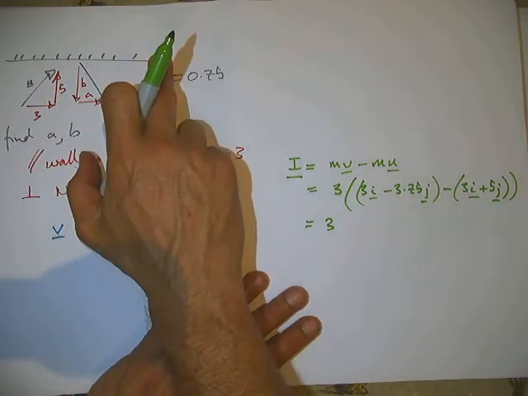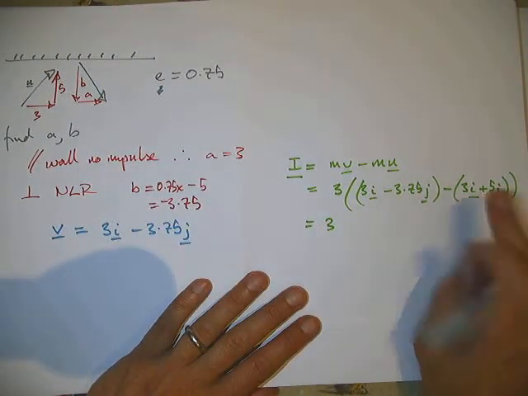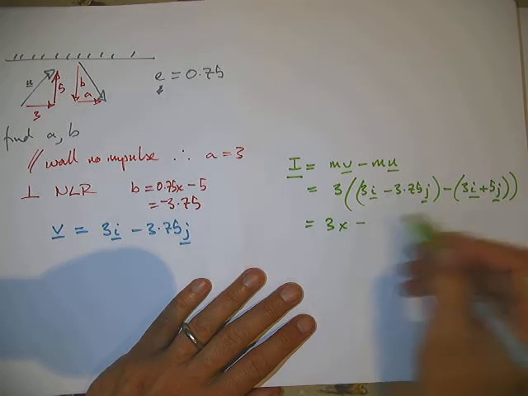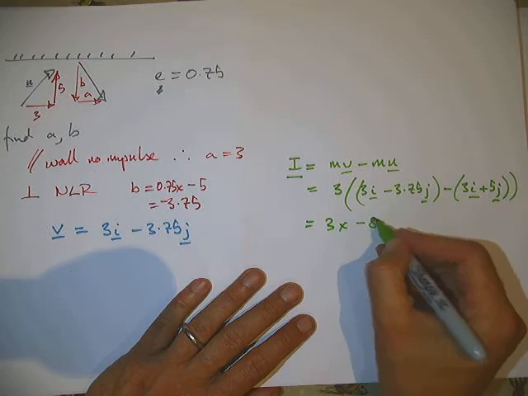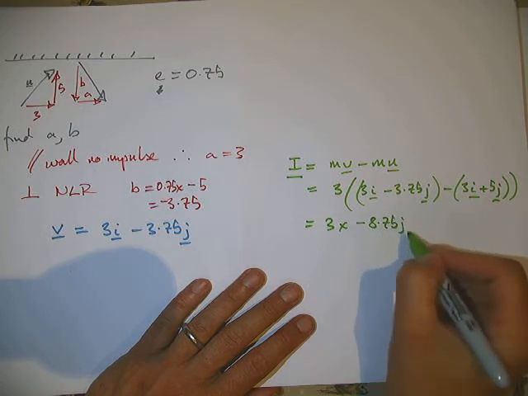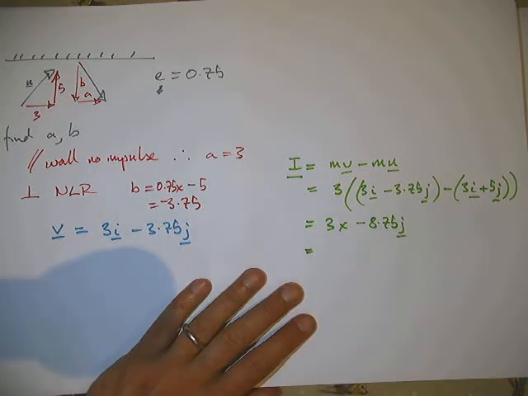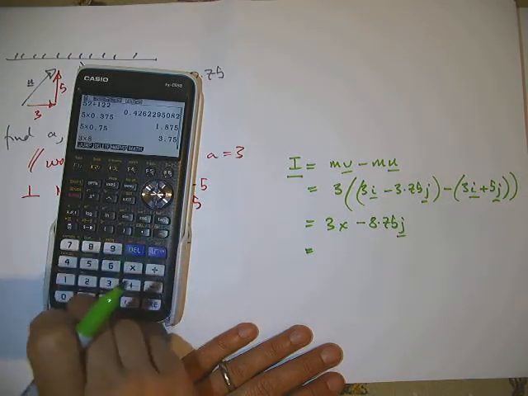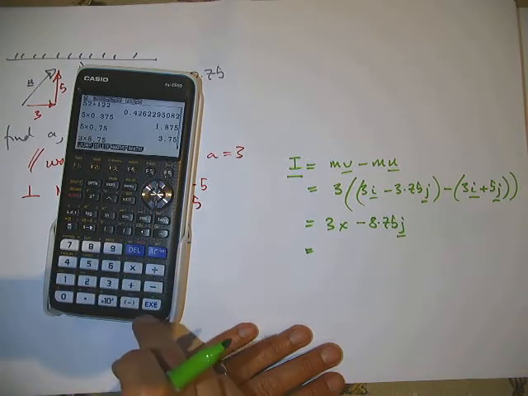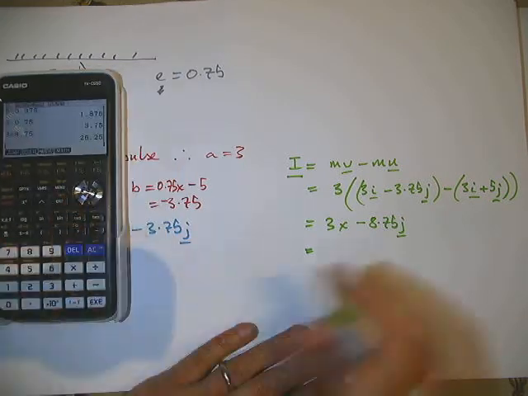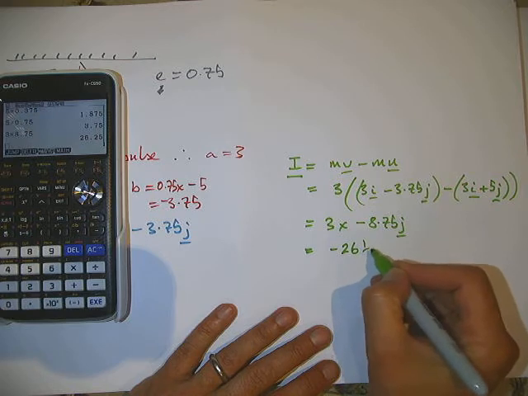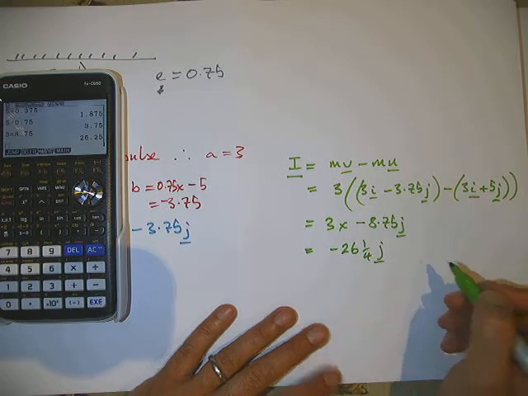If the wall's parallel to I, there's no impulse in the I direction. So we've got 3 times minus 8.75j, which is 26.25j.